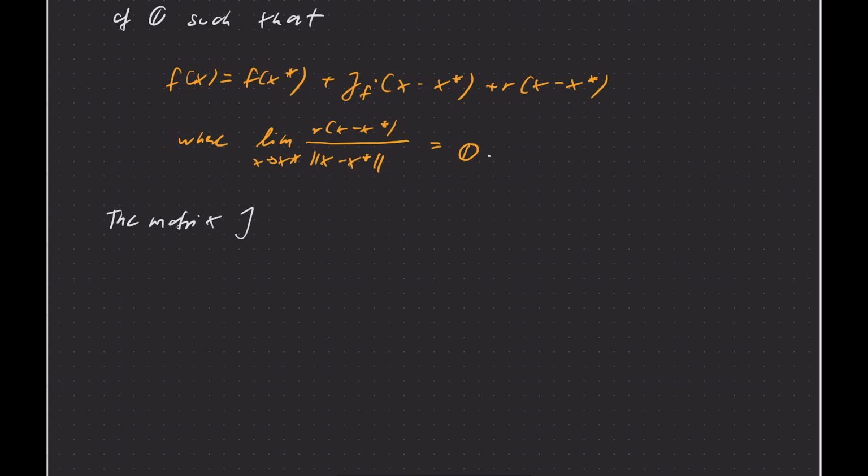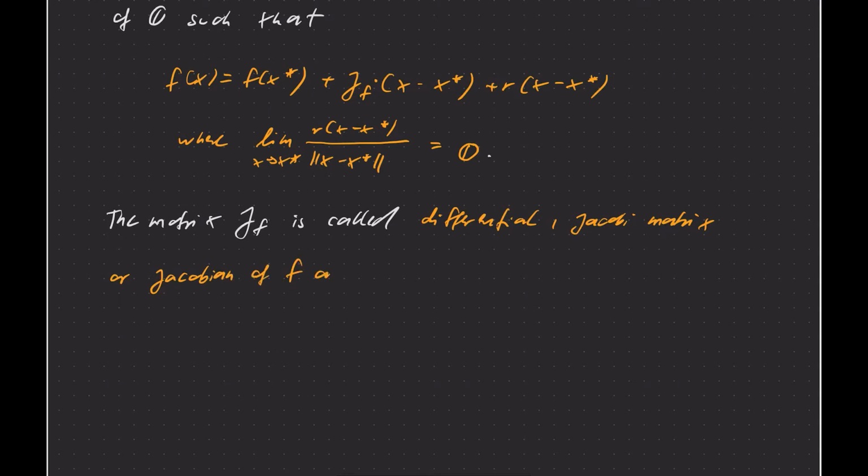The matrix Jf is called the differential, the Jacobi matrix, or the Jacobian of f at x star.